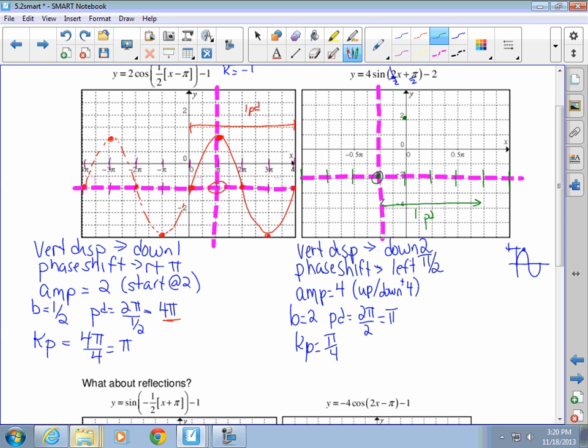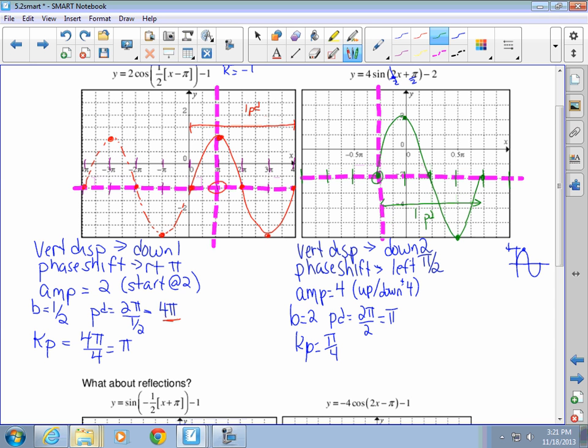And then my next key point, I'm back at 0. And then the next key point, which is here, I'm going to be down 4. So 1, 2, 3, 4. And then back to 0. So you can see within 1 pi, I've done a full cycle.